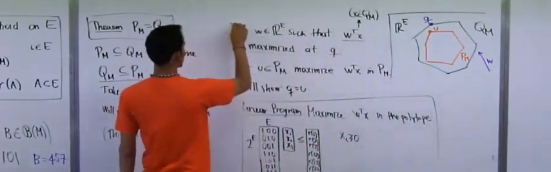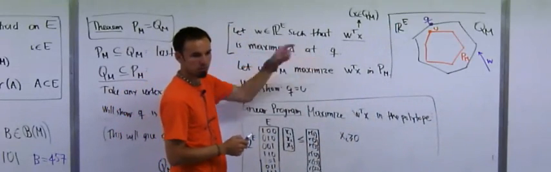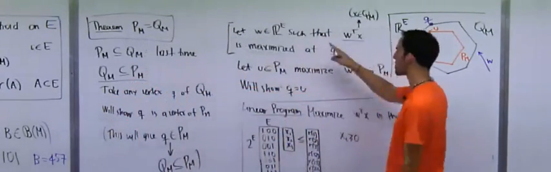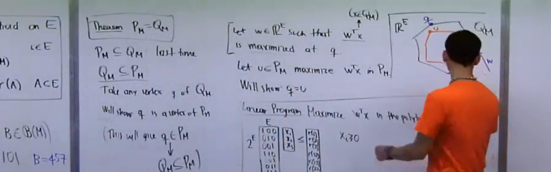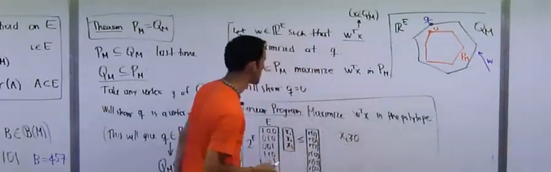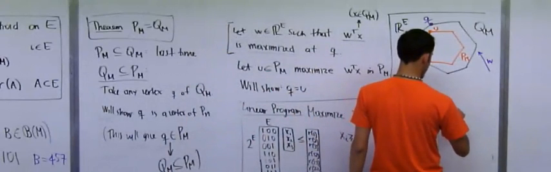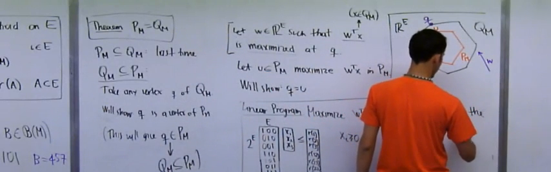And by definition, Q is the solution to this linear program. And it's the only solution because I'm assuming that Q is the one vertex. I picked W so that it's maximized exactly at the vertex Q. So by assumption, Q is the only solution to this linear program.